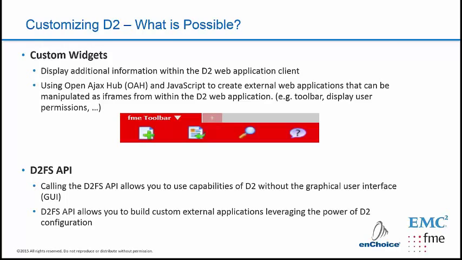And last here you have the D2FS API, which you can leverage if you have interoperability requirements between systems that may not require an interface, but you want to generate documentation and you want to honor the D2 configuration investment that you may have.